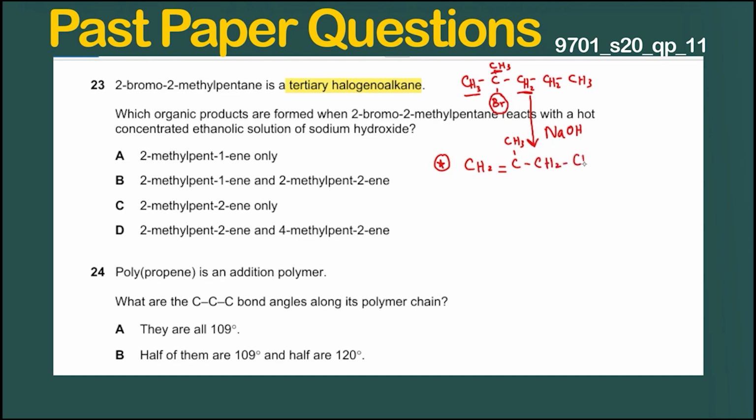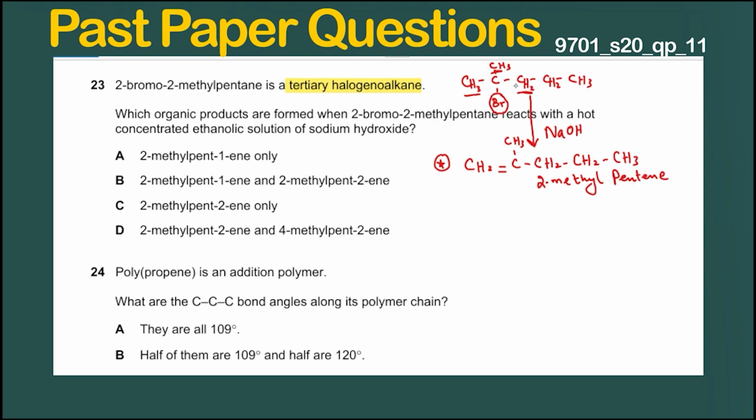CH2, CH2 and CH3 will form. So this is the first compound that is known as 2-methyl, because the methyl group is attached to the second carbon, that is 2-methylpent-1-ene, because the double bond is present at the first carbon. You can write 2-methylpentene or pent-1-ene also.